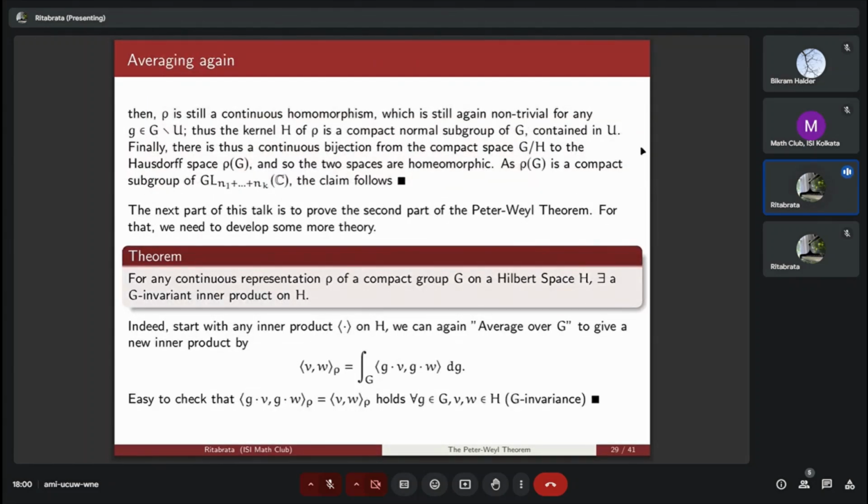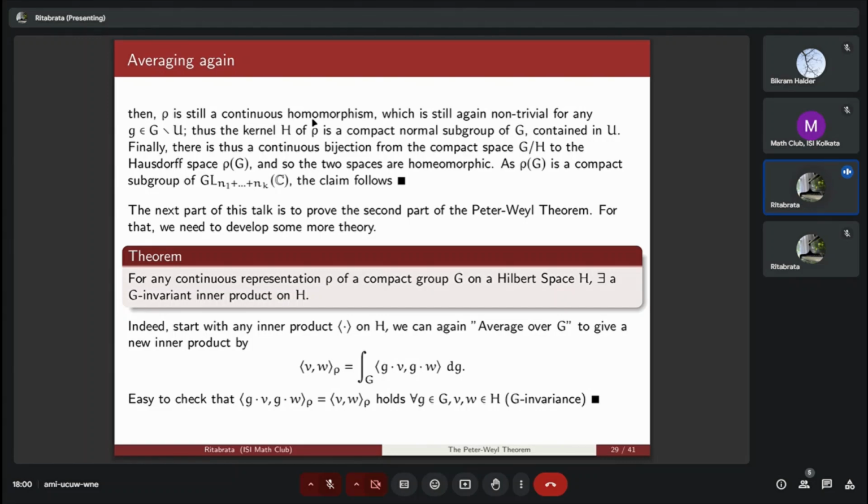It's still non-identity for any g in G difference U. That means the set where it is identity must not intersect G difference U. So the kernel of the representation rho, where it acts trivially, must be inside U because it cannot meet G difference U. The kernel is a closed subgroup of G, so it's clearly compact because a closed subgroup of a compact group is compact, and it is contained inside U.